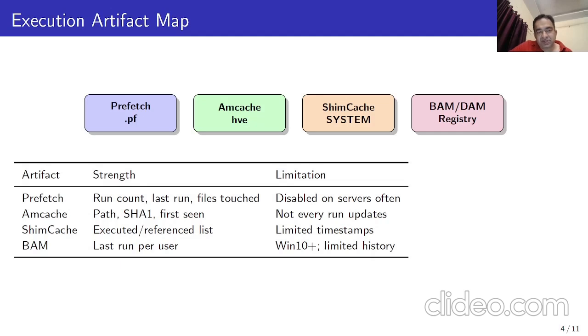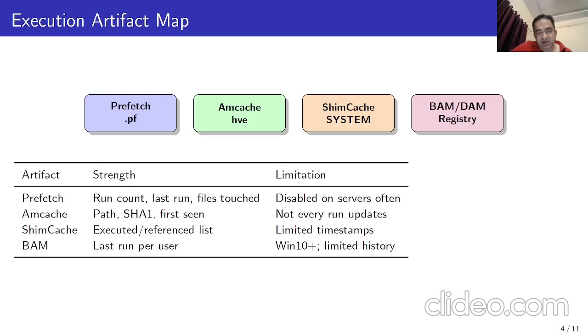The four boxes introduce Prefetch, Amcache, ShimCache, and BAM/DAM, followed by a comparison table of strengths and limitations. Prefetch is rich but often disabled on servers. Amcache gives path and SHA1 values. ShimCache is a longer list with weaker times.